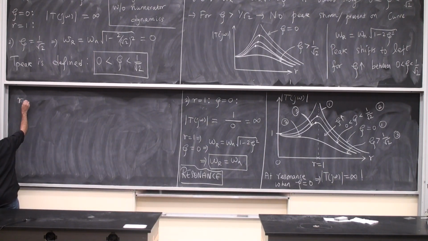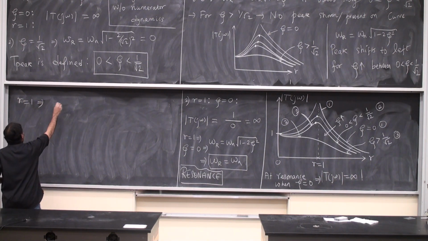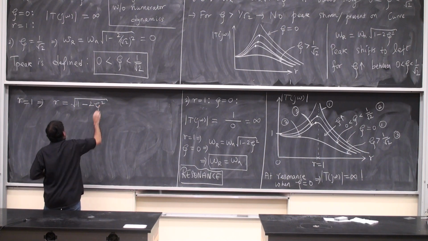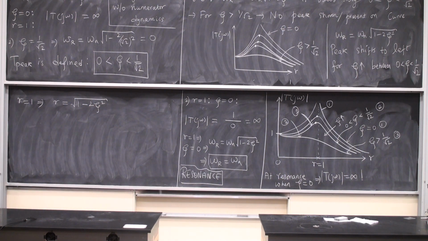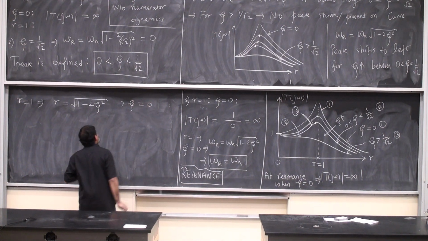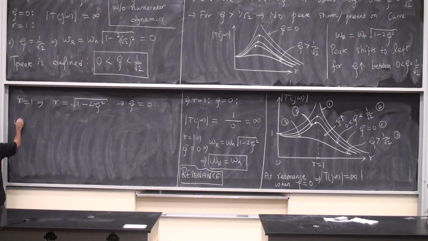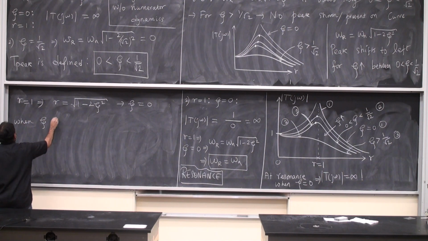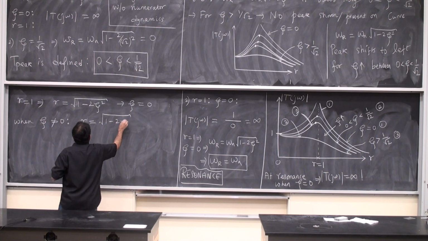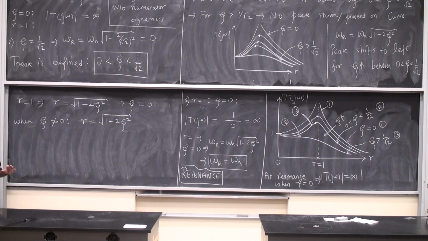Okay, so maybe I make it a point. So r equal to 1, what does that mean? So r is 1 minus 2 zeta square. So when can r be equal to 1? When zeta is 0. Then what happens when zeta is no longer 0, when r is equal to square root of 1 minus 2 zeta square?